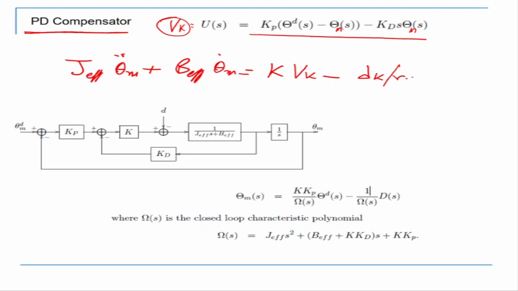Now I'm taking this and putting it here. So what do we get? Let me write the equation again. It's not very difficult once you understand, but there are a lot of terms.